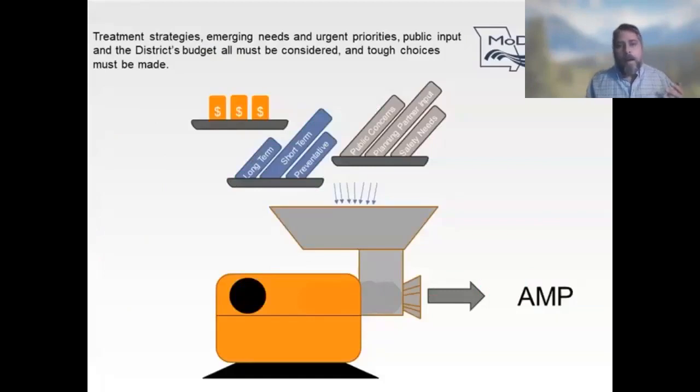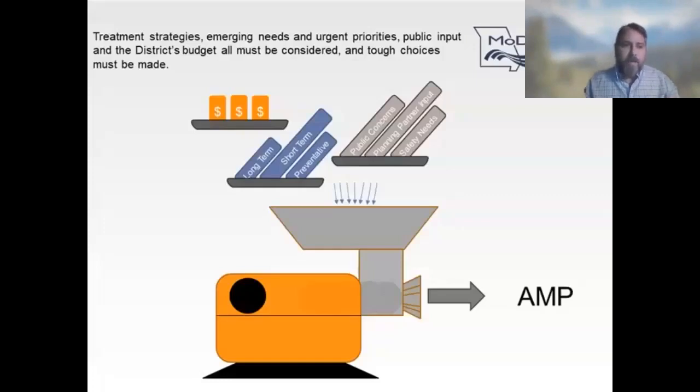So when the districts come up with the plans, it's not quite as easy as just saying, this is a resource or an approach that we want to take, and we're going to keep everything in perfect condition. Because of the variety of conditions, the variety of challenges that an individual district has, it can lead to having to make difficult decisions.